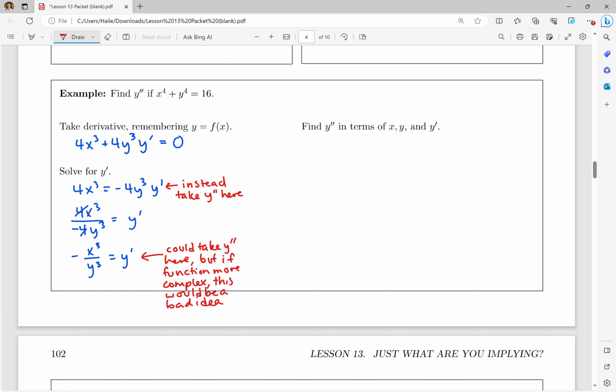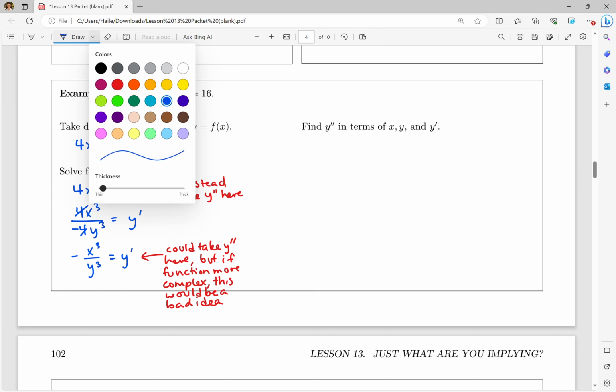So I want to show you how we take the second derivative implicitly as well, and then go back and substitute in y prime so that when you get to more complicated problems on your homework, you'll have something to look at. Okay, so we're going to find y double prime in terms of x, y, and y prime, but we're going to do it implicitly. So we're going to start with that first step with the y prime instead of the explicitly solved step.